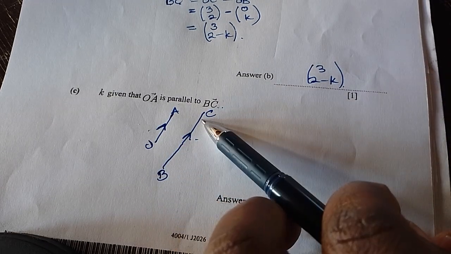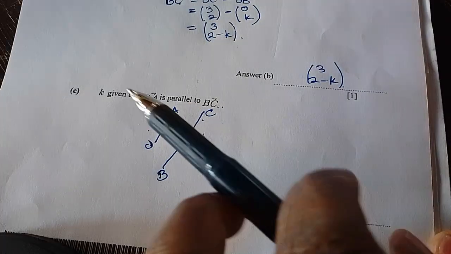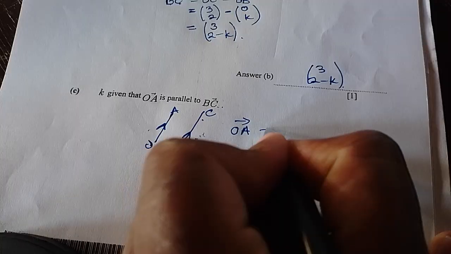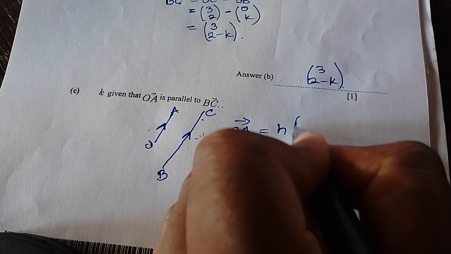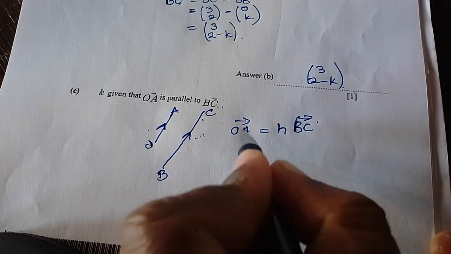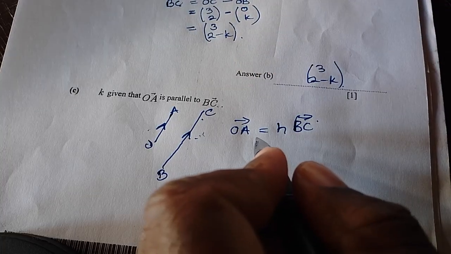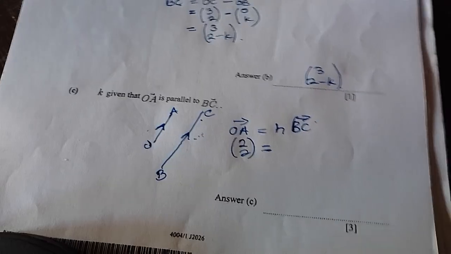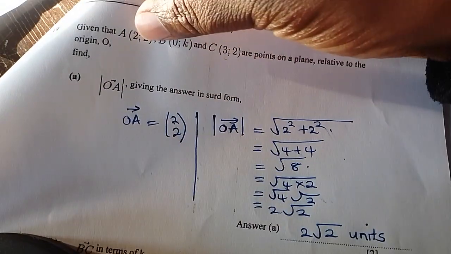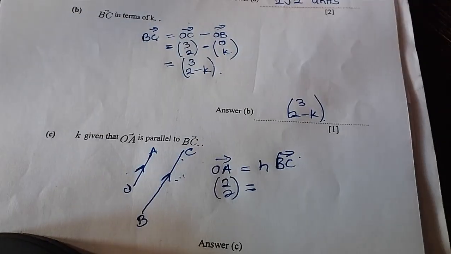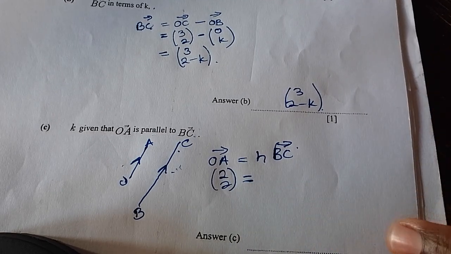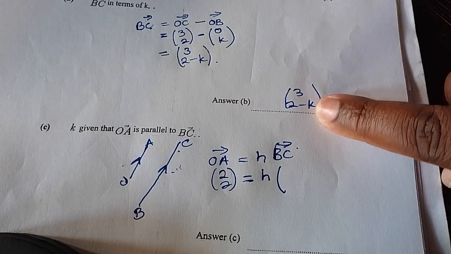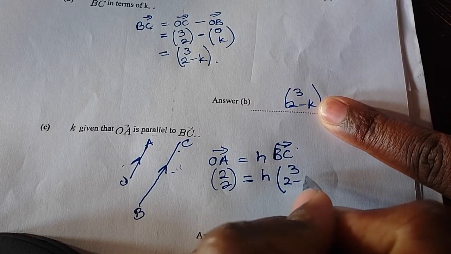This may be half of this, may be 2 times this, may be a third of this. So we are saying OA is equal to H times BC. We now know OA is 2, 2, since we have the coordinates of A there. It's a position vector, remember. This is our BC, 3, 2 minus K.